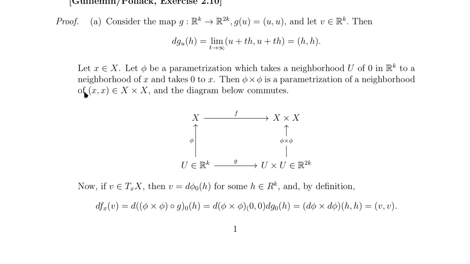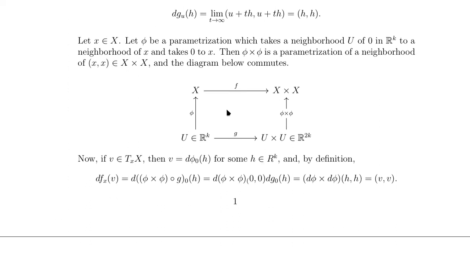You take an x, you take a parameterization chart, take a neighborhood u of 0 in our case to a neighborhood f of x, and it takes 0 to x. Then you take p cross p to be a parameterization of x, comma x, as you would expect, and you have this nice chart transition. More typos there.